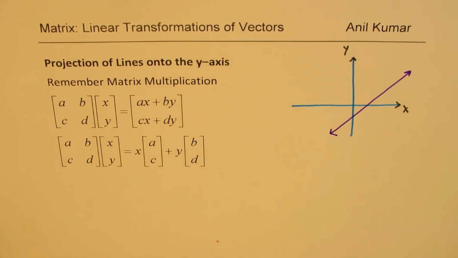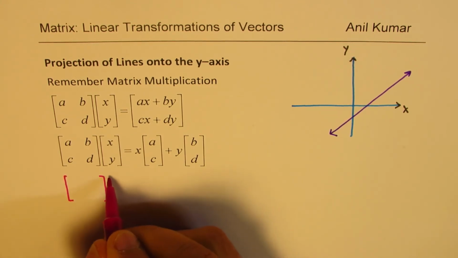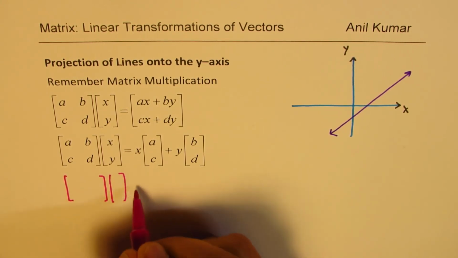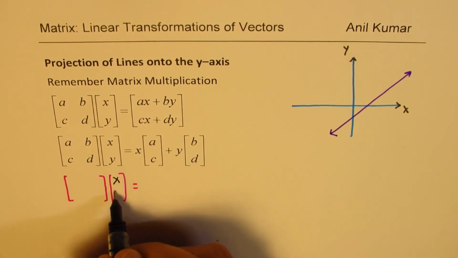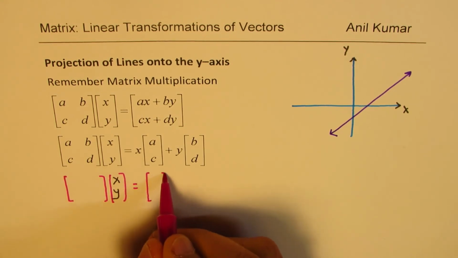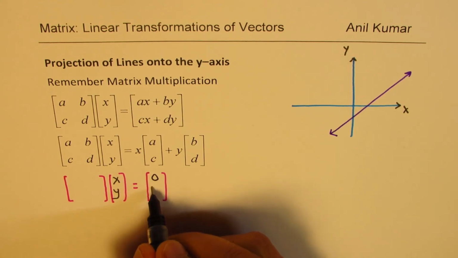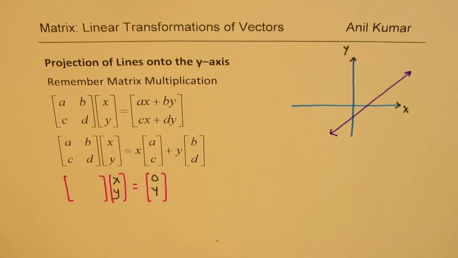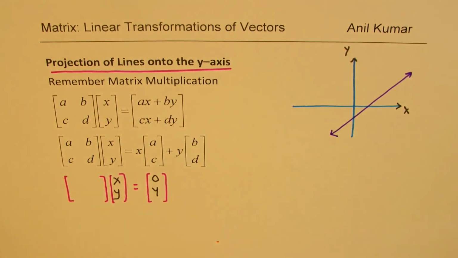So what we figured out in the very beginning, that we want the values for x and y to become 0 and y.